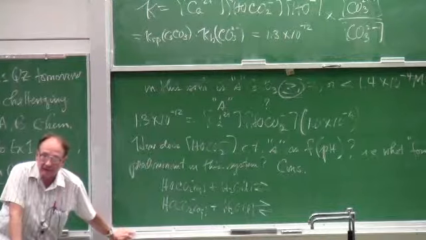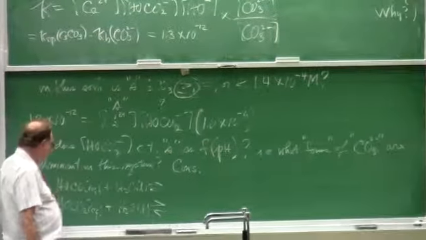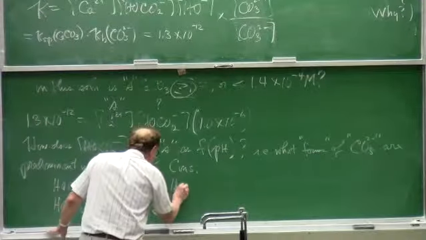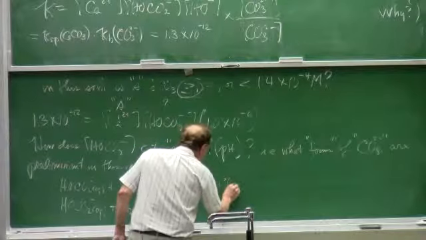If bicarb behaves as an acid, then I get hydronium ion and carbonate ion.